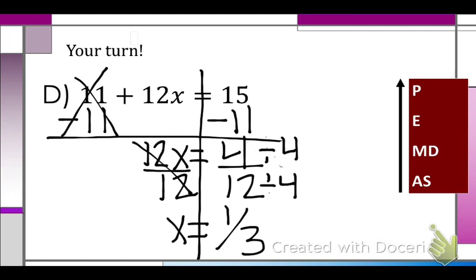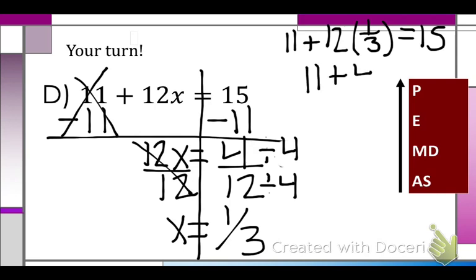If I plug that back in, I get 11 plus 12 times 1/3 equals 15. And if I go through and simplify that left-hand side, I have 11 plus 4, which simplifies to 15, which checks out.